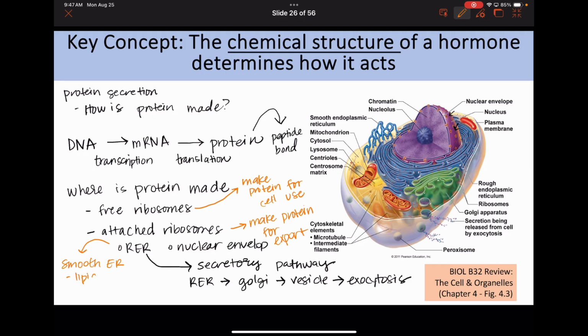Anybody remember the other function of the smooth ER? Breakdown of lipids? Not quite, it could involve lipids, but there's a very specific function that the smooth ER does. Drug detox or drug breakdown.